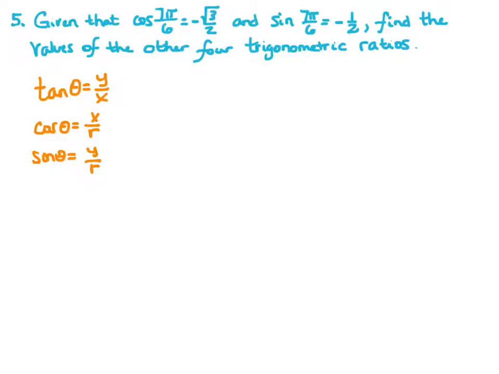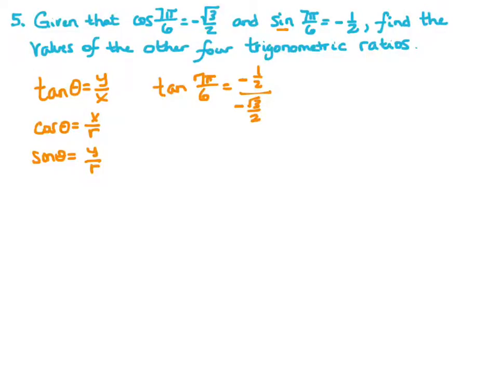And in this case, these are unit circle values, so we're going to assume our r is 1. And so to find tangent of 7 pi over 6, we're going to do the y-coordinate, which is the sine value, negative 1/2, divided by the x-coordinate, which would be the cosine value, negative square root of 3 over 2.